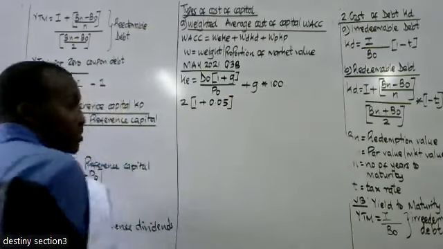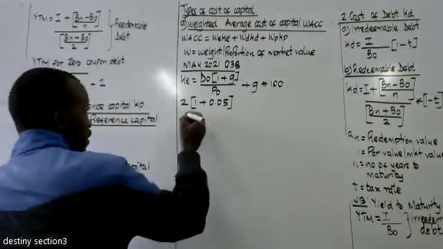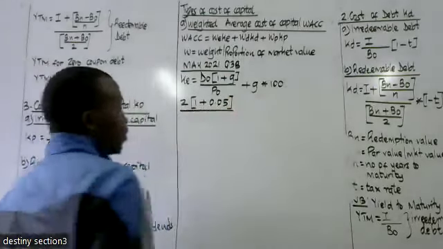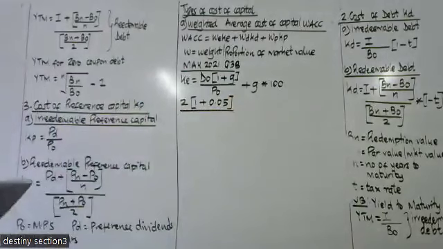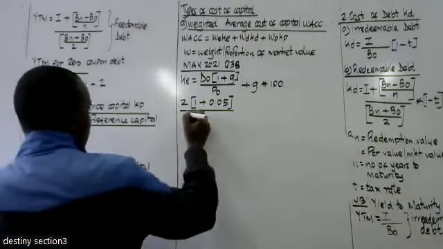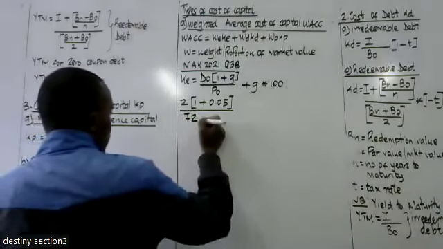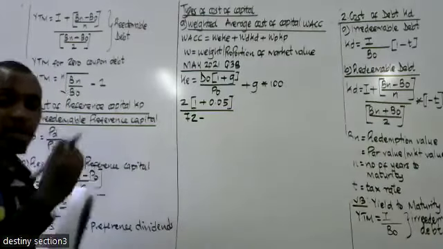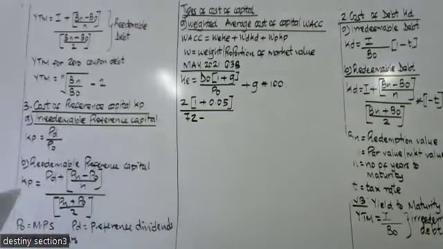Divide by P0, the market price of the ordinary share, 72. But you want it to be ex-dividend. The price cum-dividend means it is before paying the dividend, but you always value it after paying the dividend.